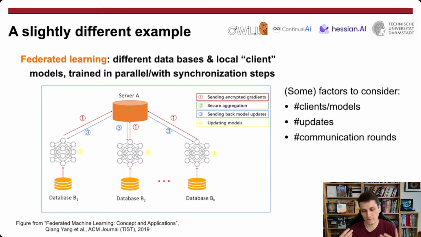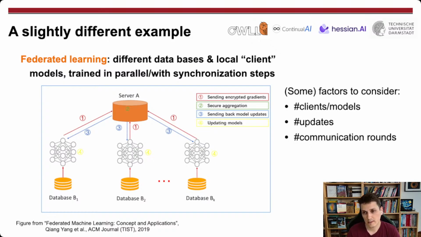So in a traditional federated learning setting, you'd have 4 steps in which you could do this without necessarily violating data privacy, although I'll have a comment on this in a second. What you could do is train each model for a bunch of steps on each of their individual databases.